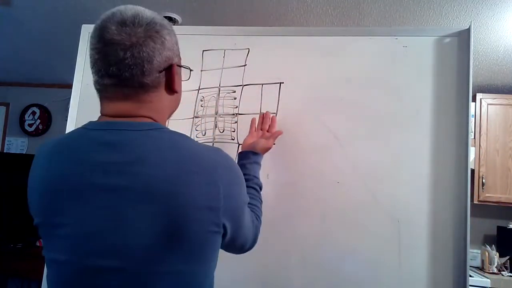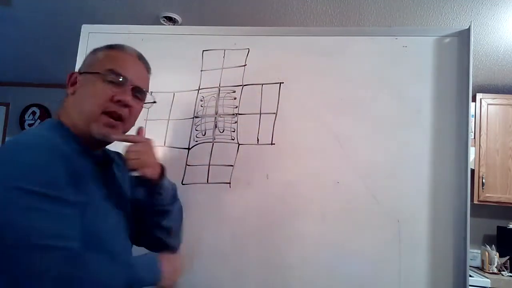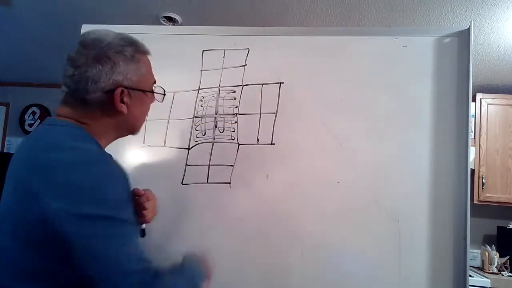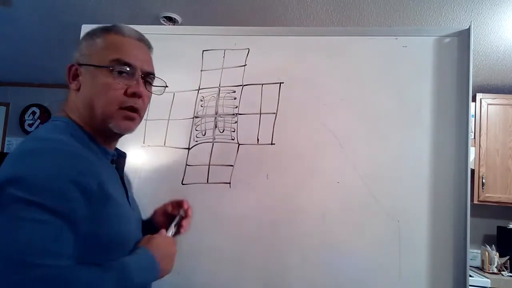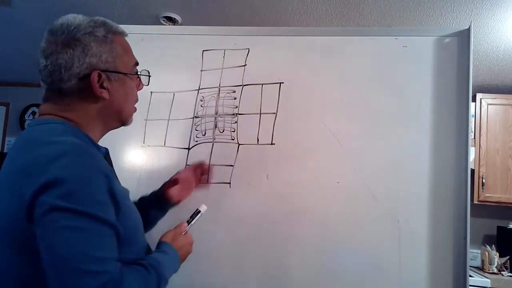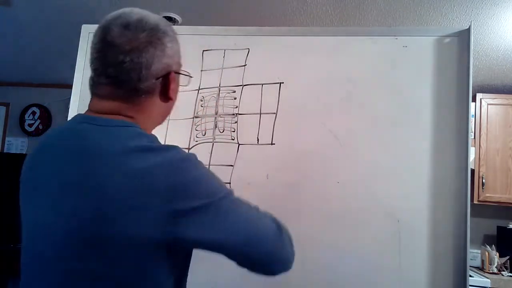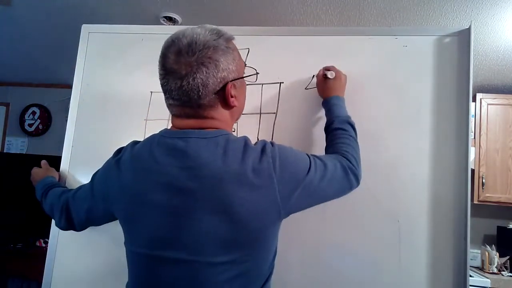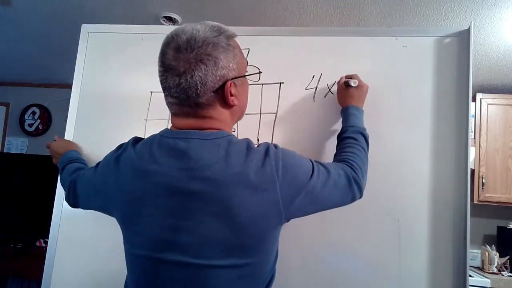And you're going to fold it up in your mind. If 4 is on the bottom and this is coming up, how many layers would that be? That would be a total of 4 on the bottom with 2 layers. 4 times 2. 4 is my bottom base times 2.